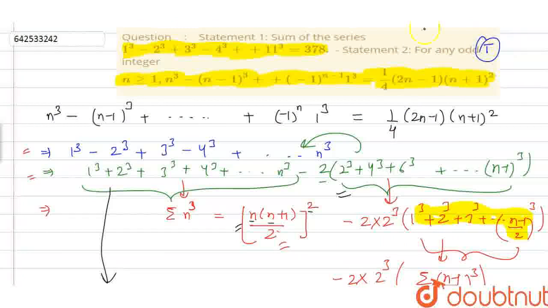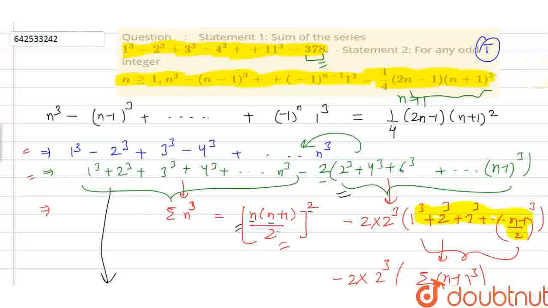Now let us switch on to the first statement. The first statement says that the sum of this series is equal to 378. So now when we have obtained the formula for this series in this way, we can put the value of n as 11 in this equation to obtain the sum of this series, right?